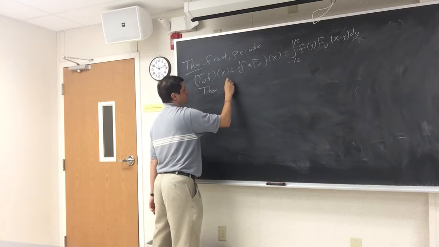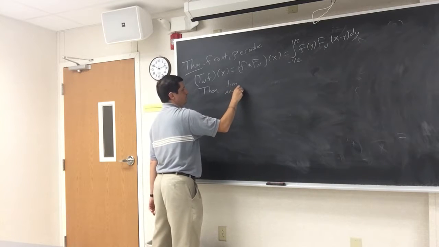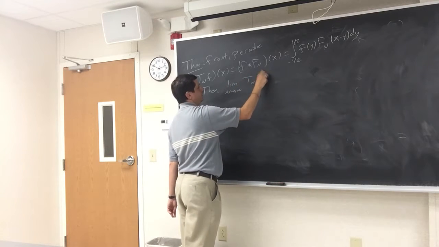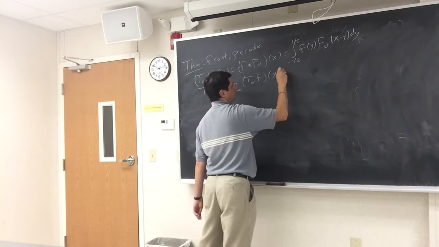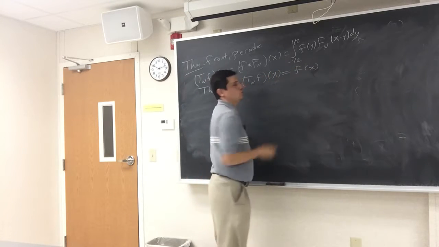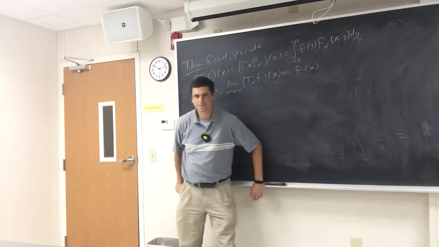Then the limit as n goes to infinity of Tnf of x equals f of x. So we have pointwise convergence.